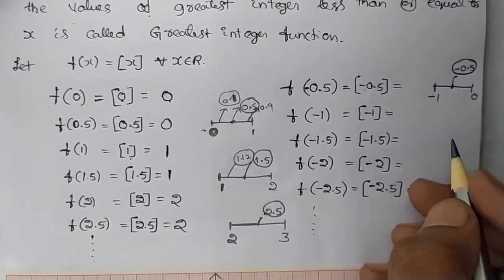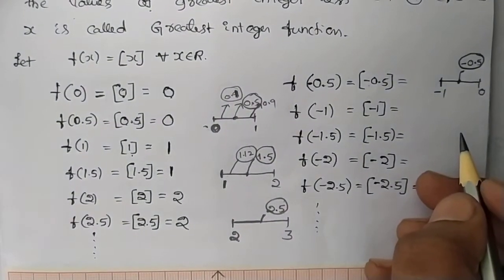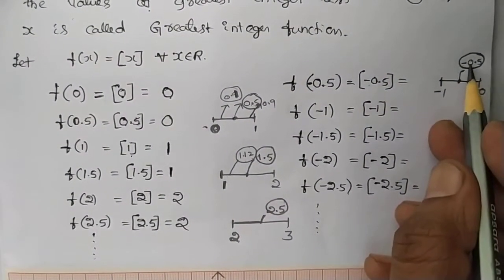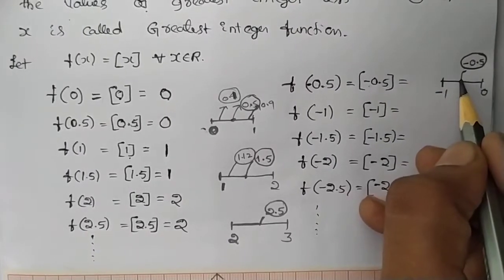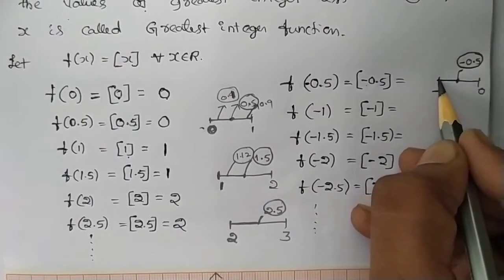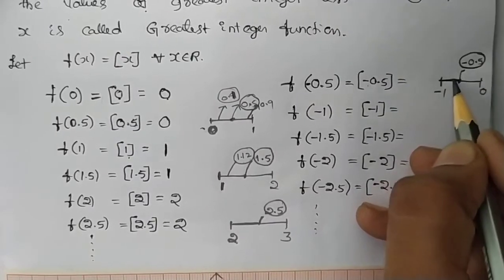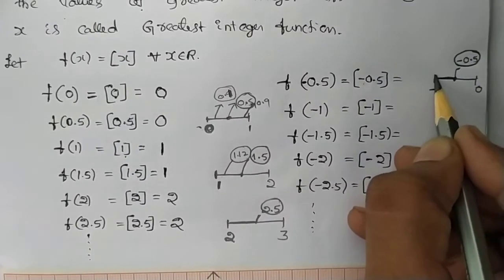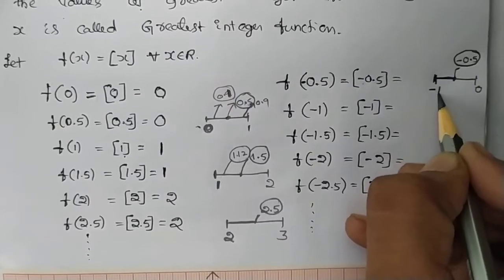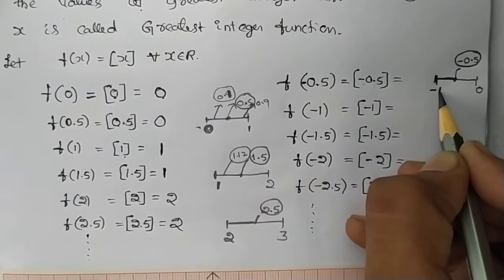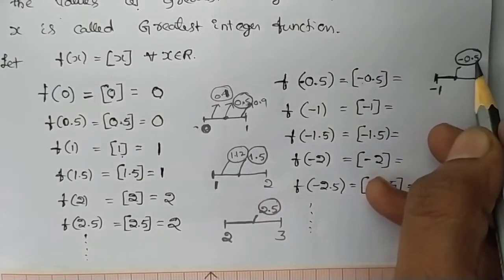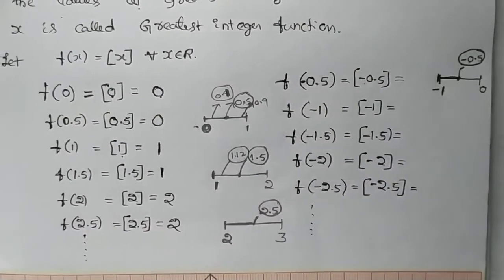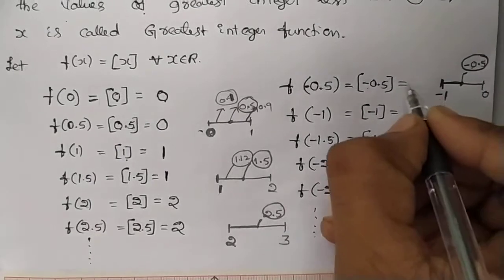Right? Now, the greatest integer for the value minus 0.5, what will it be? I already told you that you just move on to its left. Here we will find the integer, that is minus 1. Therefore, the greatest integer for the value minus 0.5 will be minus 1 only.